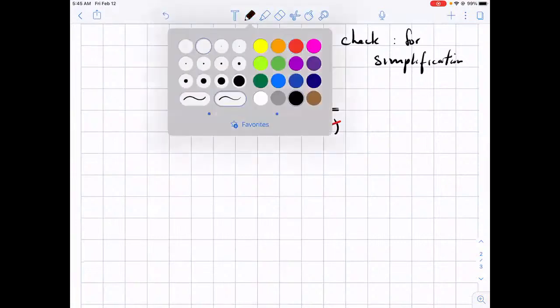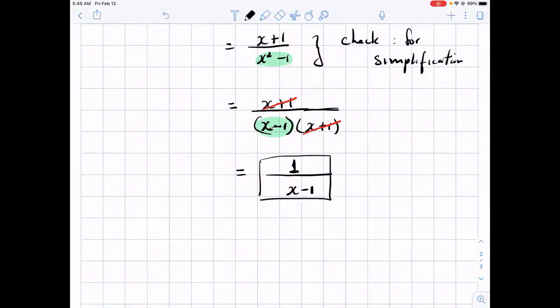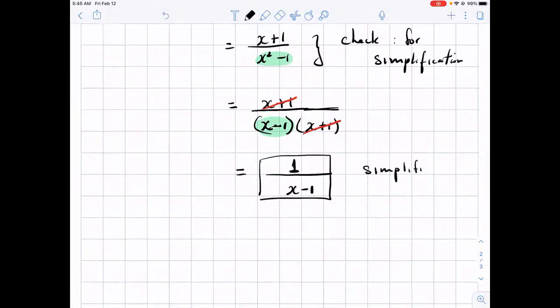And keep in mind, since the x plus 1 here is in the denominator, it stays in the denominator. And when things cancel, the numerator has a 1. So this is my simplified answer.